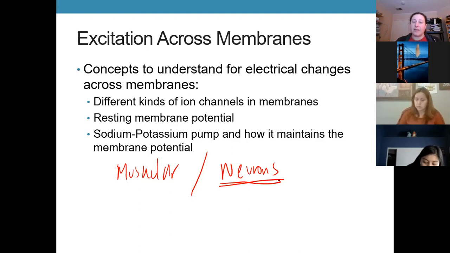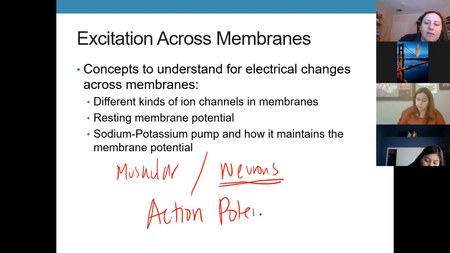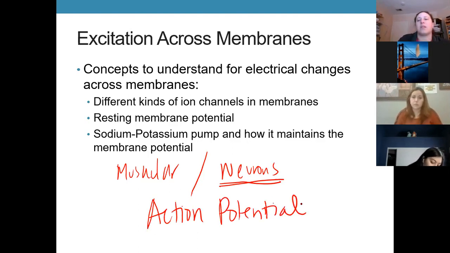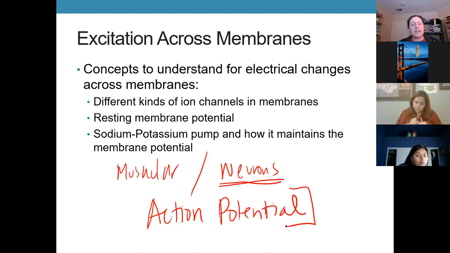It's very, very similar, to the point where the term action potential applies to both. When we talk about what happens at the neuromuscular junction, the depolarization and repolarization happen to a neuron first, and that results in the release of neurotransmitter to stimulate the action potential in the muscle. So how depolarization, repolarization, and action potentials occur is crucial. This is the physiological event that you need to understand for the muscular and nervous systems.